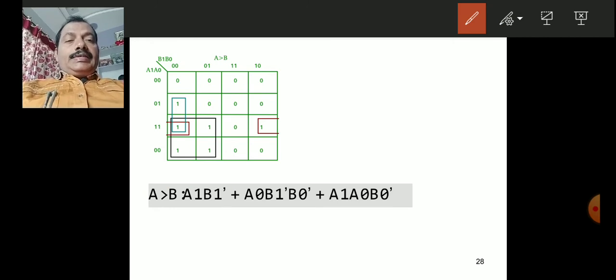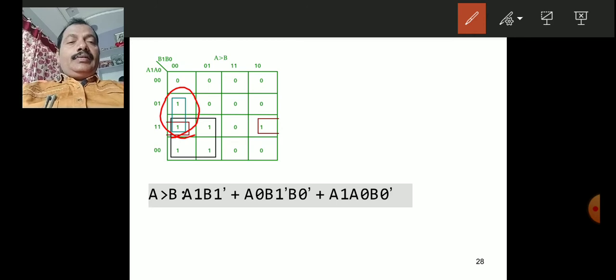Similarly, let us write for a single pair. Here, the pair that I consider is this. This is the pair I would like to consider here.